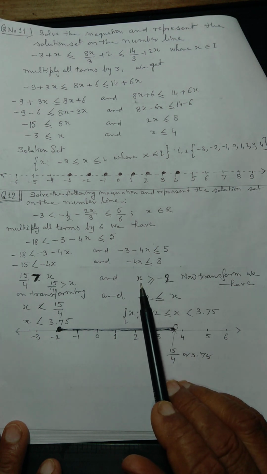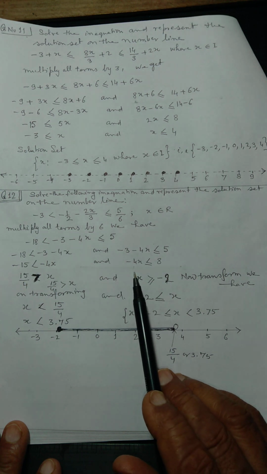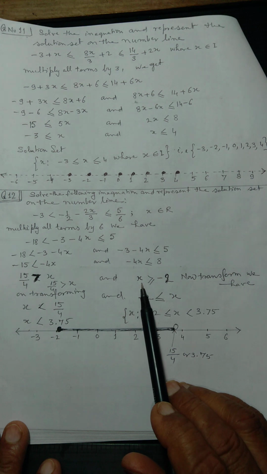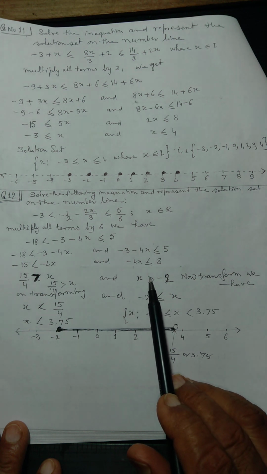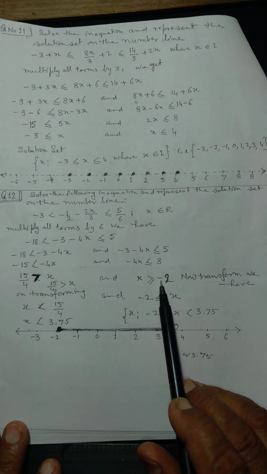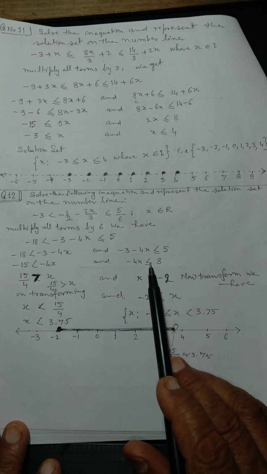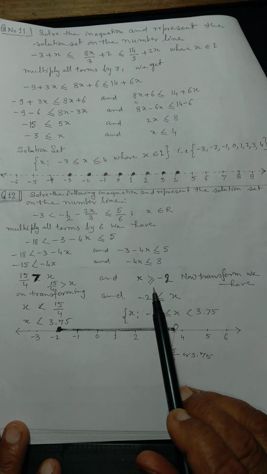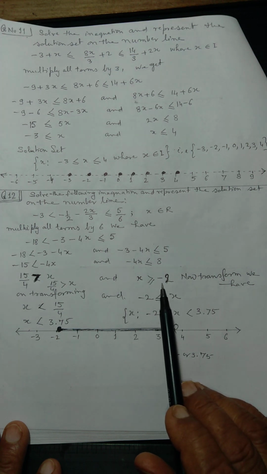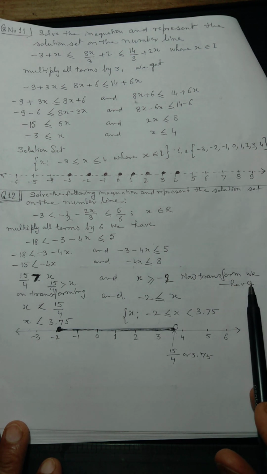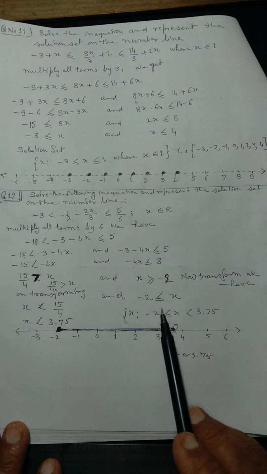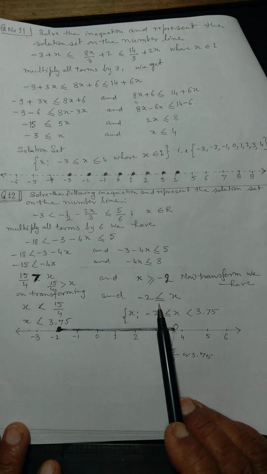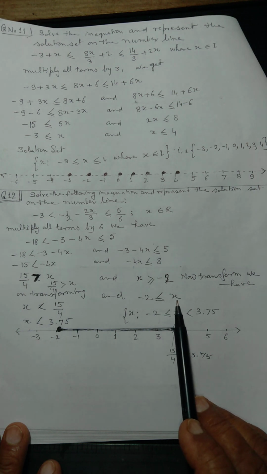So again, dividing both sides by minus 4, we will get the result x greater than or equal to minus 2. Because you see that it was less than or equal to, now it has become greater than or equal to, and the result will be minus 2. Now transforming, we have minus 2 less than or equal to x.